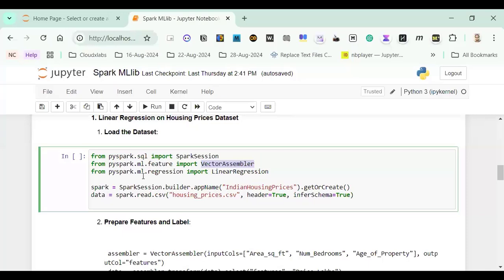But let's move ahead with the data set named housing prices dot CSV, right? Housing prices dot CSV. Okay. Let's look at the data, and we can just show it.